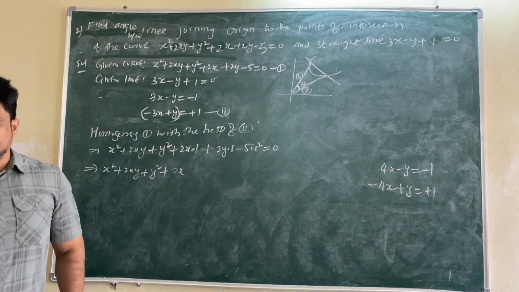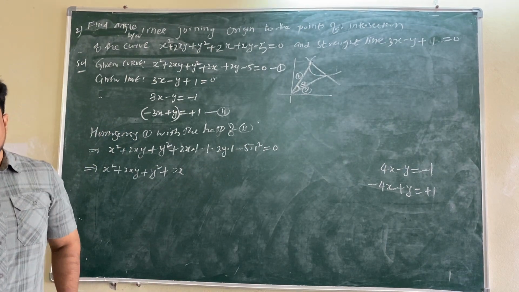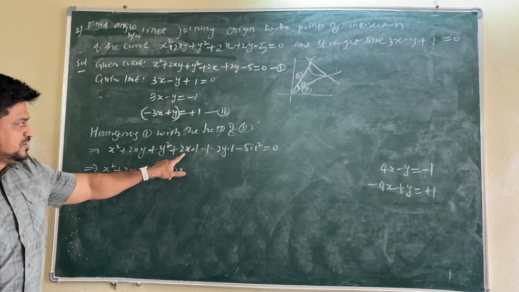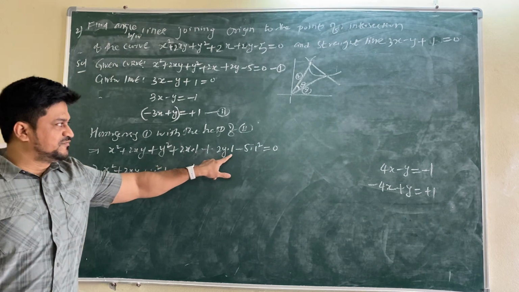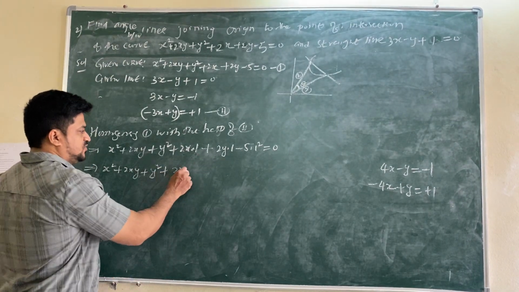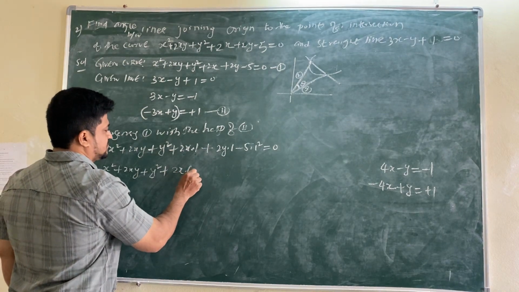Constant into 1 square we have to take; that is the rule of homogeneity. y is not the constant. If it is a rule, we have to follow the rule. x will get 1, y will get 1 and constant will get 1 square into 1 value. Minus 3x plus 1.